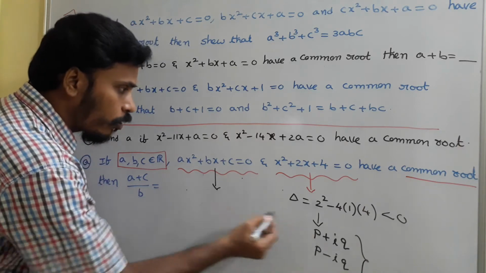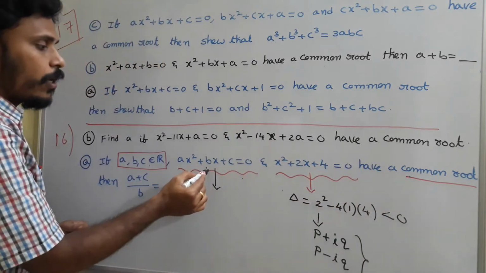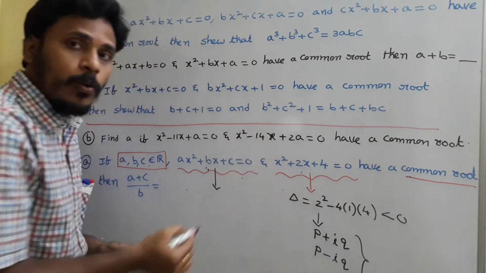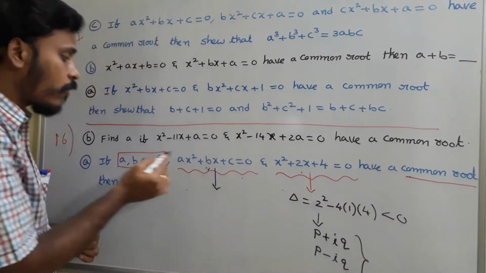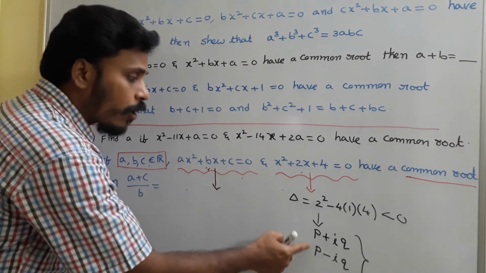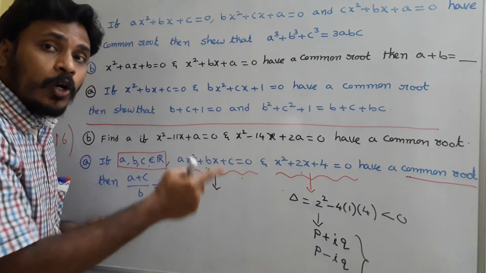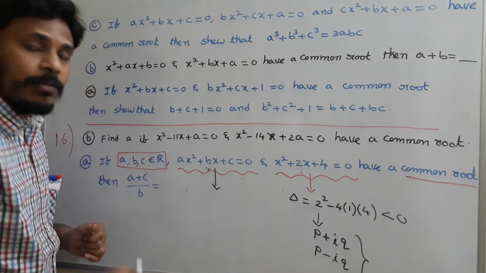If one root is common, you need to combine these two facts. This equation has a common root with the second one, and the coefficients of this equation are real. When you combine these two, if any one of them is a root, then automatically its complex conjugate is the other root, because a, b, c are reals.